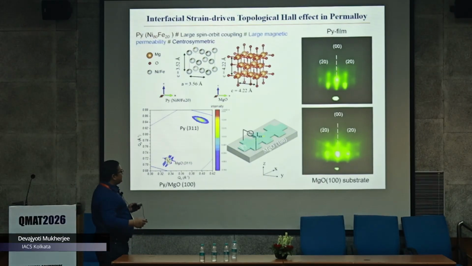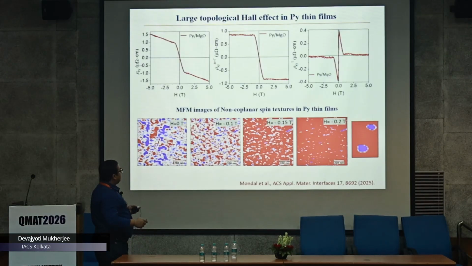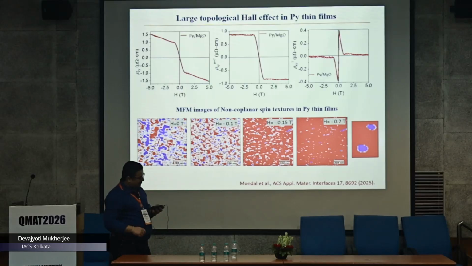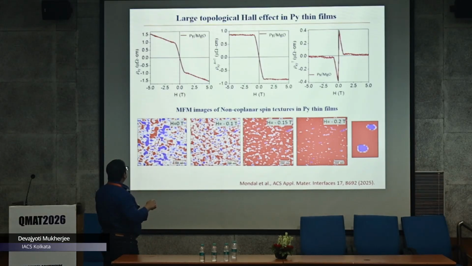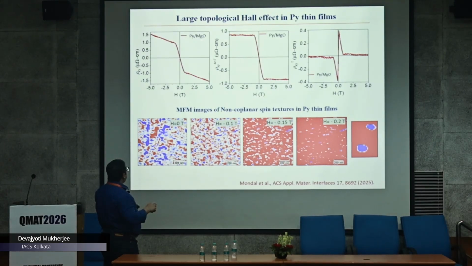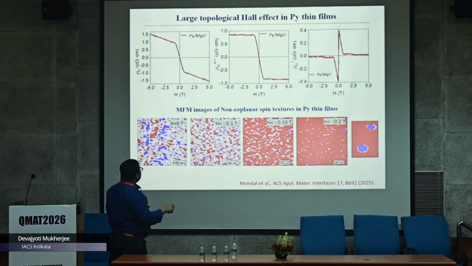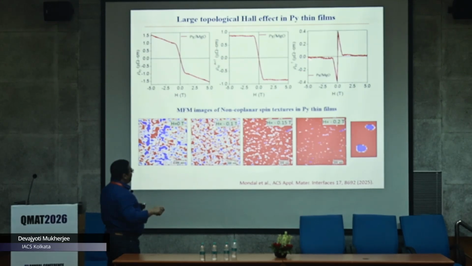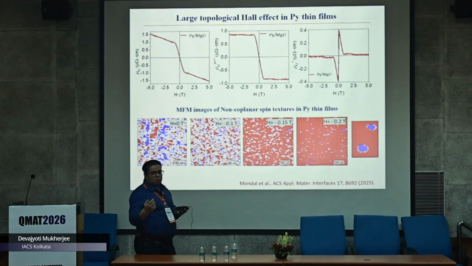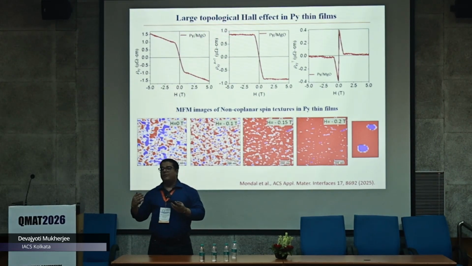So once we were successful in growing them epitaxially, we measured their Hall effect. So this is the total Hall resistivity that was measured at room temperature. If we subtract the linear portion, which is contributed by ordinary Hall, we are left behind with this portion, which is the anomalous Hall. And if we subtract the magnetization, we observed that there is a certain nonlinear feature which could be the topological Hall resistivity.